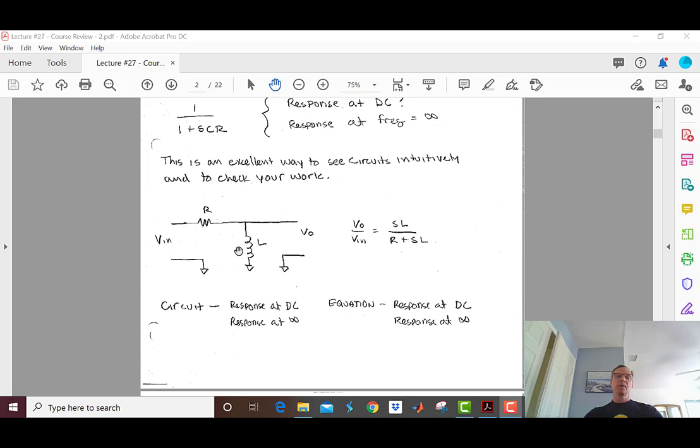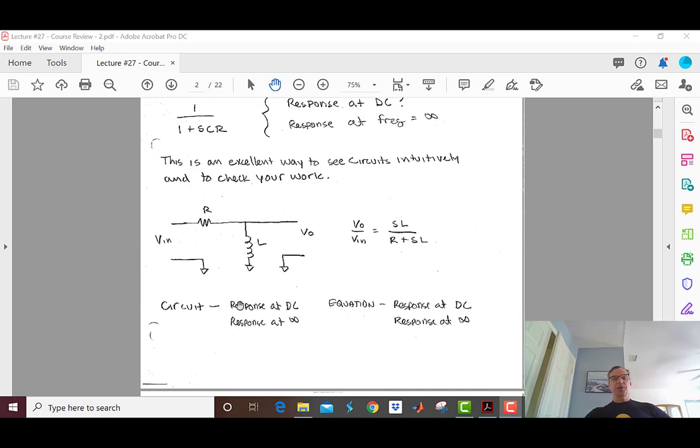Here's another one. Here, our transfer function we can actually just get by inspection of the circuit using the voltage divider. It's going to be sL over R plus sL. So here's the unreduced transfer function. That's a perfectly good transfer function.